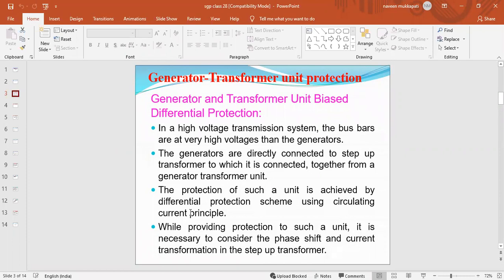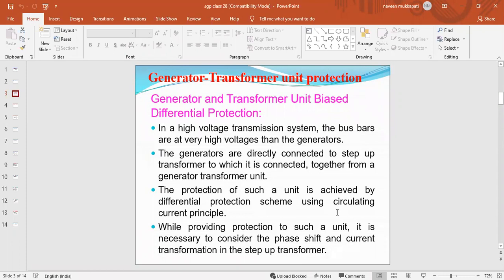While providing protection to such a unit, it is necessary to consider the phase shift and current transformation in the step-up transformer.